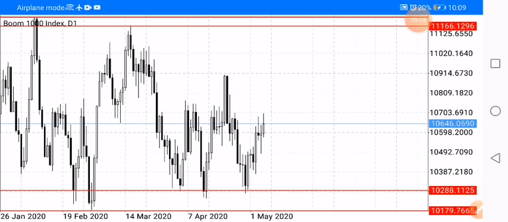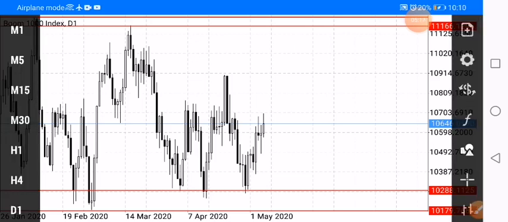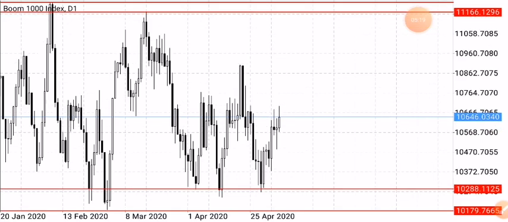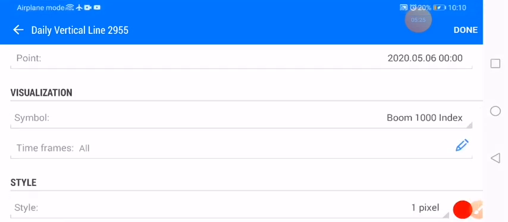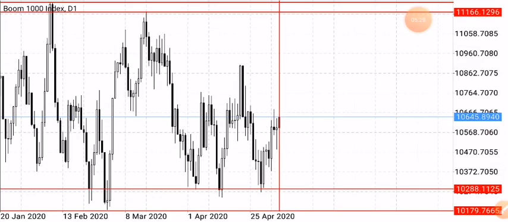Now let's go to, I'll put a vertical line here, make it a bit thicker. I want to take you through my analysis. It may sound boring, but the best thing for trading Crash and Boom indices is being able to identify the movement of price on the higher time frame, and after identification, you can proceed to use your strategy on the lower time frame.